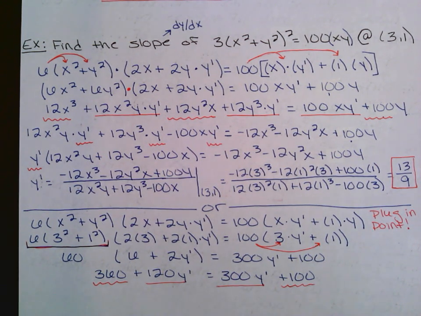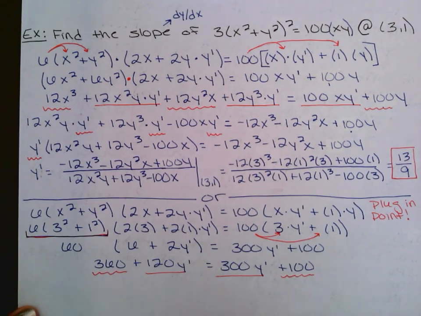And now I can say 120 minus 300 gives me negative 180 y prime. And then I have 100, and I'm going to subtract the 360 to the right-hand side, which gives me negative 260.